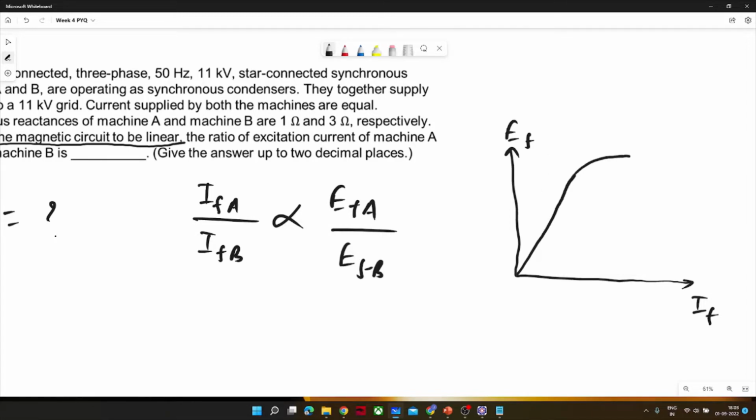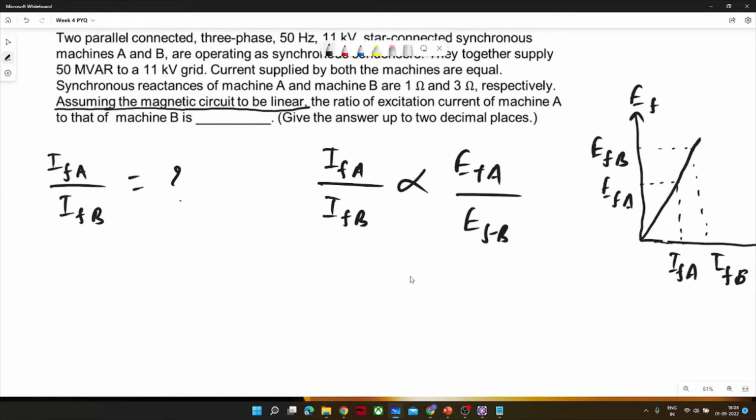We are not considering saturation in the problem, so we can consider that it is linear. So whatever the value at some EF, IF: EFA, IFA, EFB, IFB. This ratio we have to calculate in the problem.